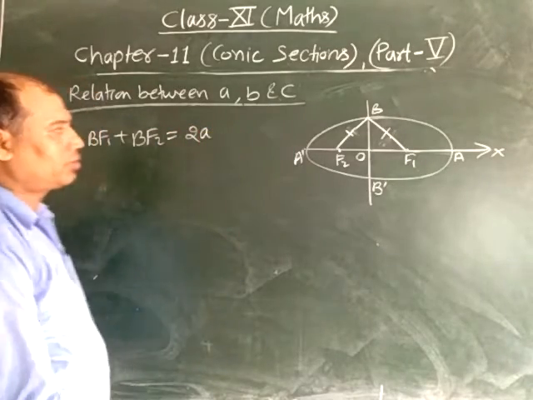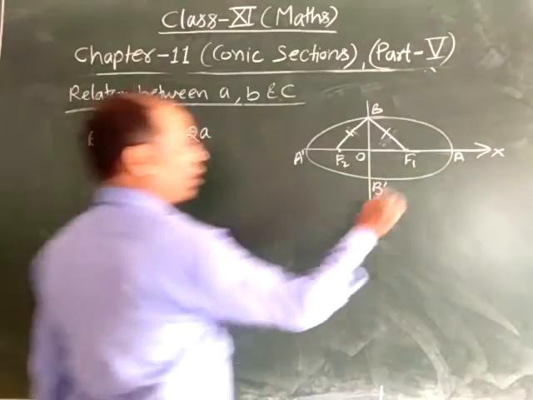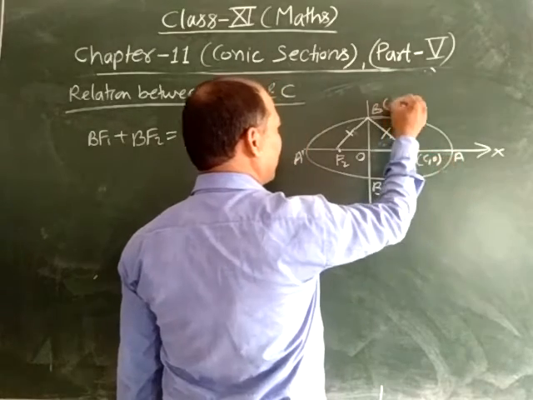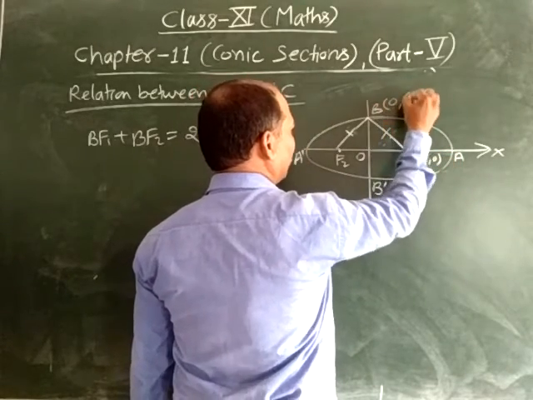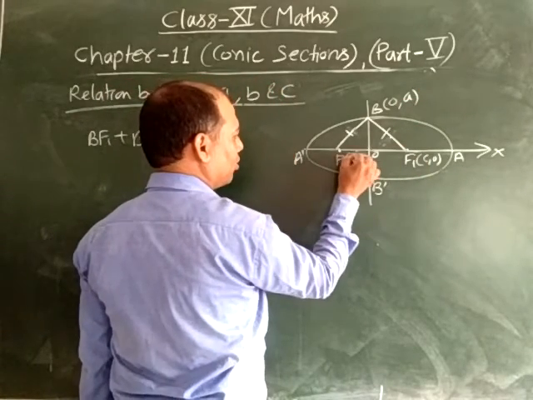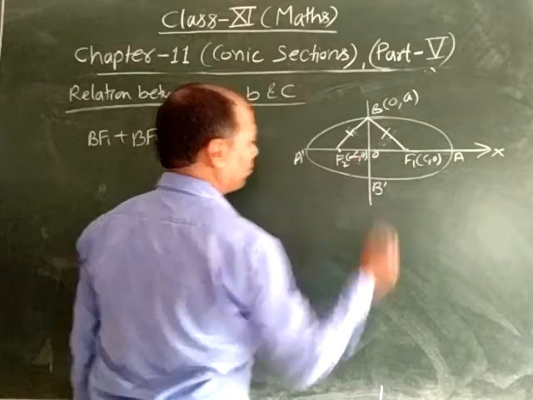Now the coordinates of F1 are C, 0, the coordinates of this point are 0, B, and the coordinates of F2 are minus C, 0.